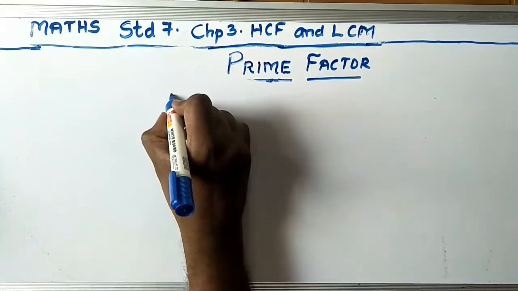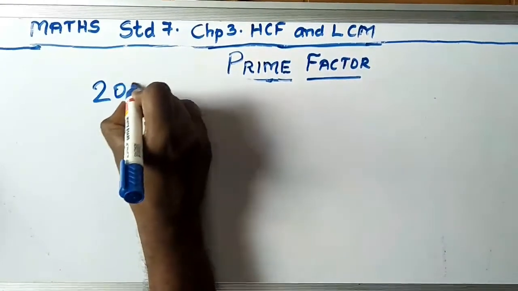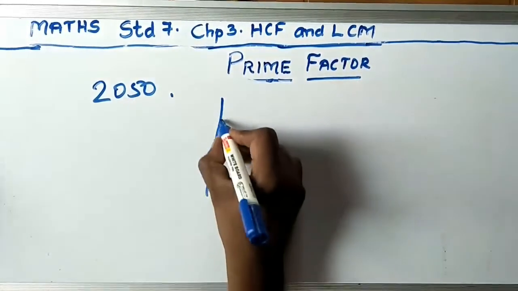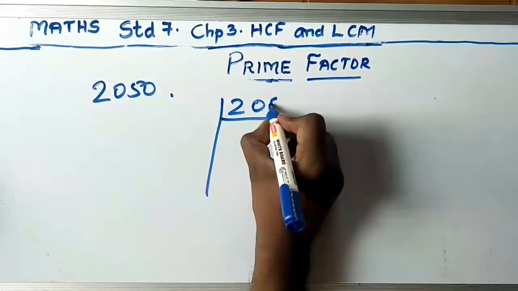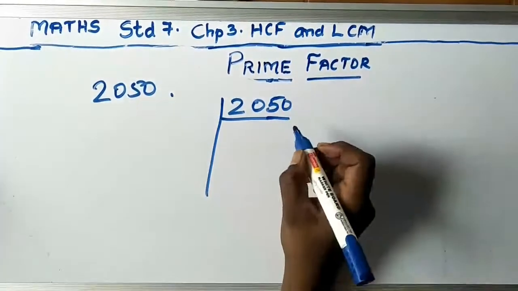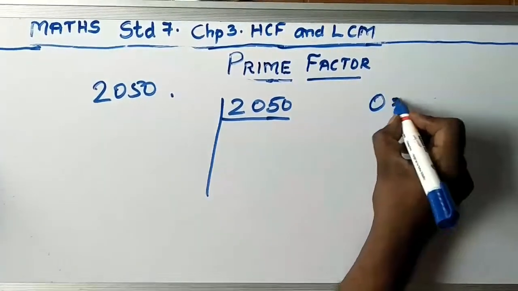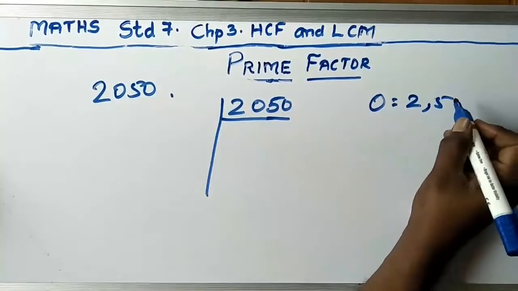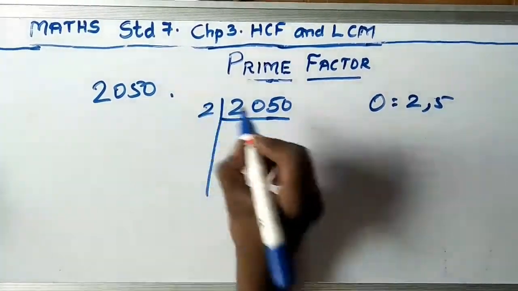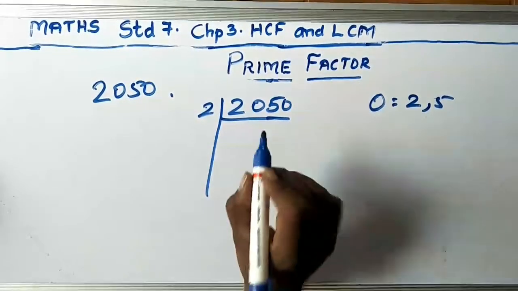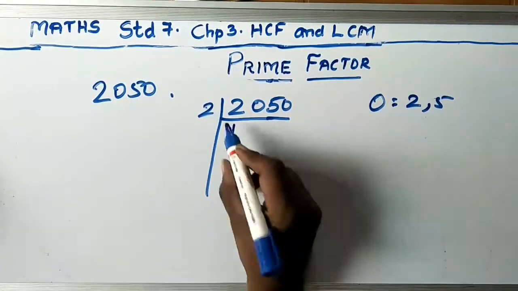I will do one big sum, that is 2050. 0 is in the unit place, so that means you can take either 2 table or 5 table. Let me take 2 table, sir. Okay, as you wish. 2 ones are 2.